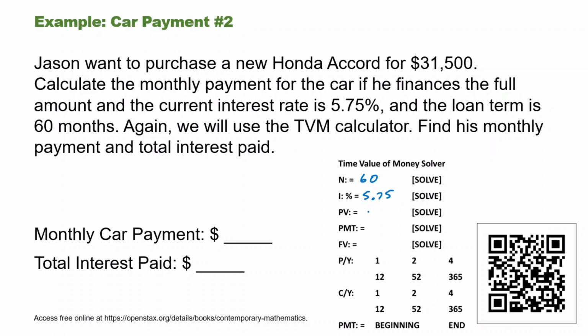Present value, PV, is $31,500. Payment is unknown, so we'll circle solve. Future value is 0 because we are going to amortize or pay off this loan. P/Y and C/Y will both once again be 12 because this is a monthly payment with monthly compoundings, and payment will be at the end.